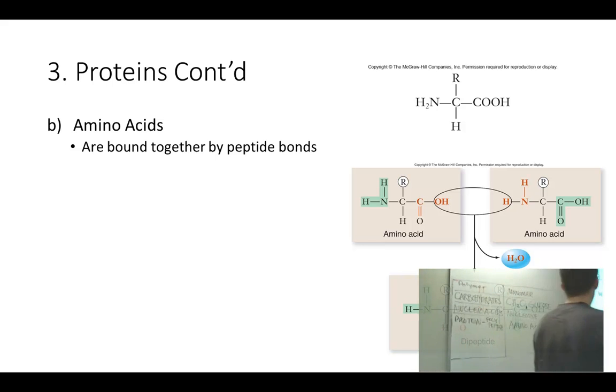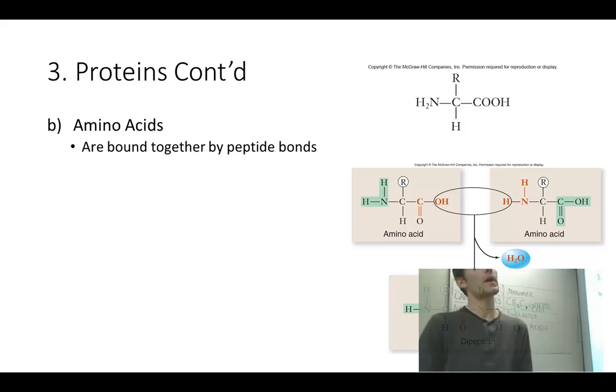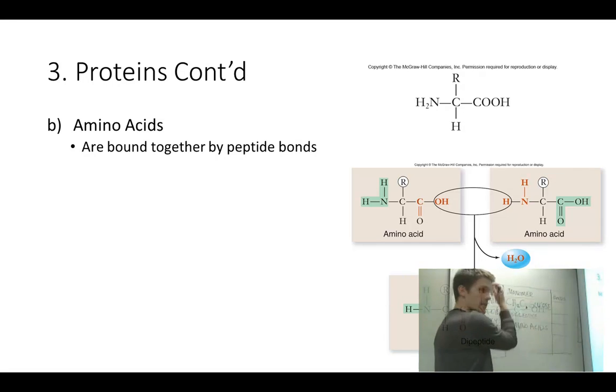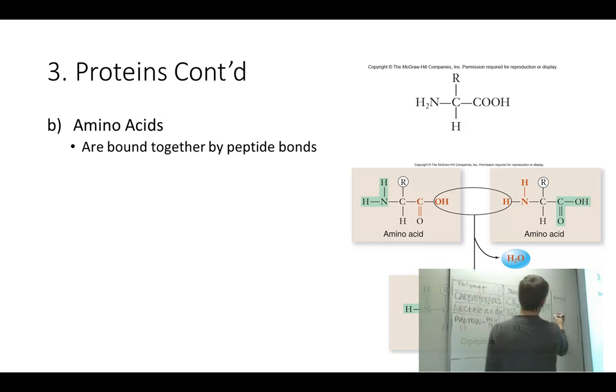Again, we have amino acids, and they're bound together by peptide bonds. So if you wanted to add another layer to your graph and put bonds, we talked about how the bonds between nucleotides are phosphodiester bonds.